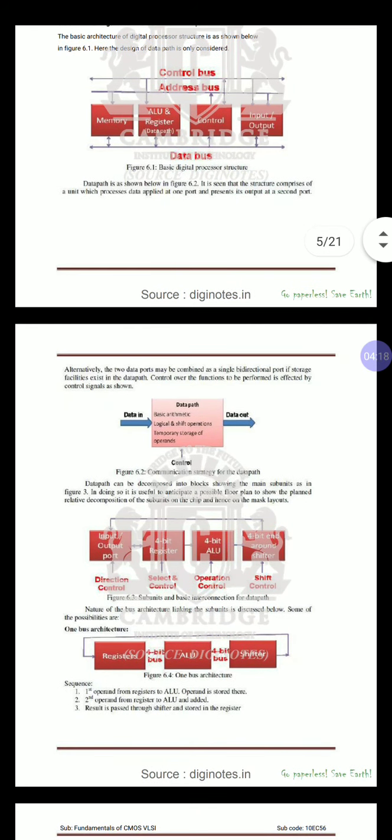Alternatively, the two ports may be combined as a single bidirectional port if storage facilities exist in the data path. Control over the functions to be performed is effected by control signals as shown below.